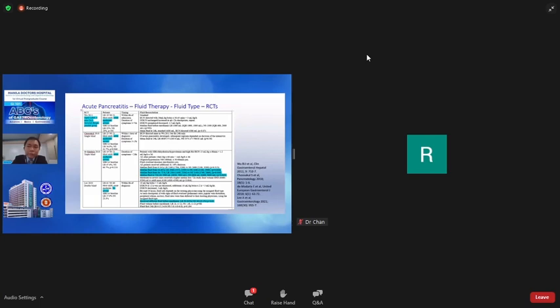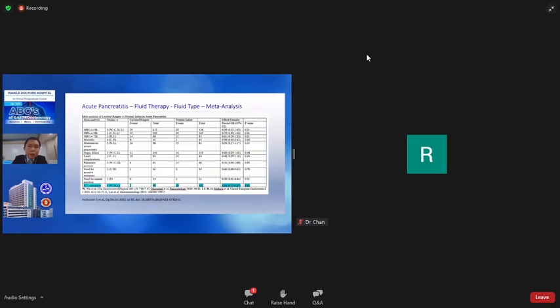All involve mostly mild with some severe cases, except for Lee in 2020, which excluded severe cases, but all included some SIRS at baseline. A 2021 meta-analysis showed no significant difference in SIRS, mortality, severe pancreatitis, organ failure, local complications, and need for invasive treatment and enteral nutrition.